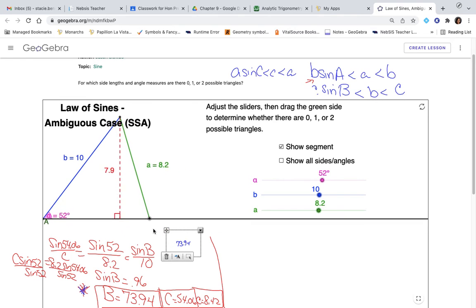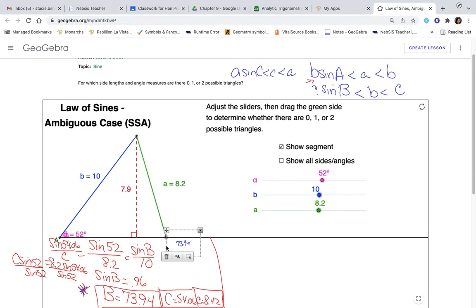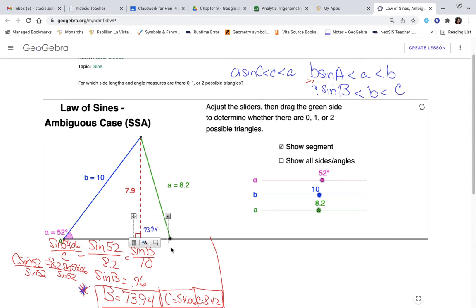Oops, I didn't mean to do that. This guy, move it. Okay. So now when we move this guy, we're going to get this second triangle over here, right? And because of that isosceles triangle that we had over here a moment ago, this side's 8.2, this side's 8.2, and the isosceles triangle has a 73.94 degree angle, 73.94 degree angle.